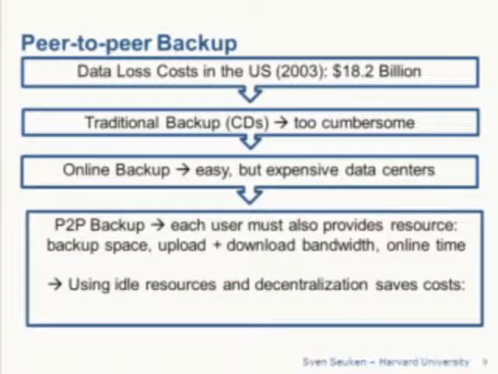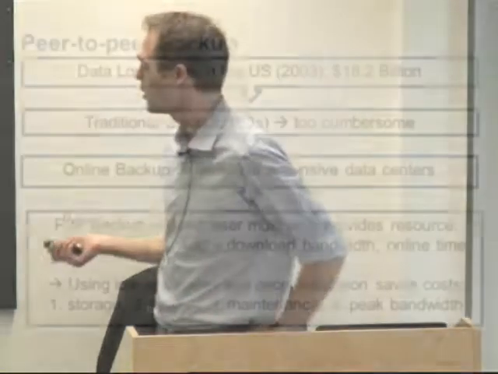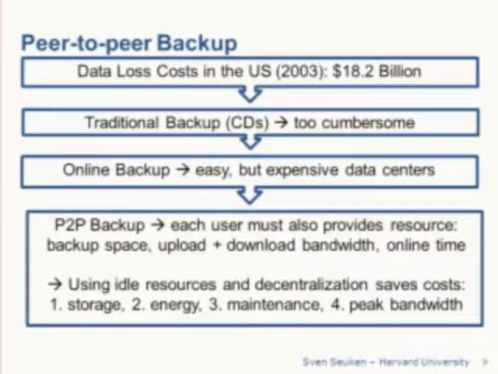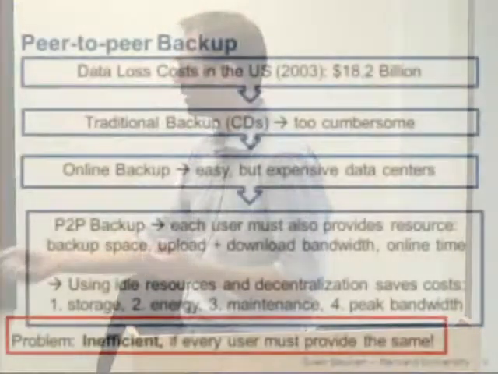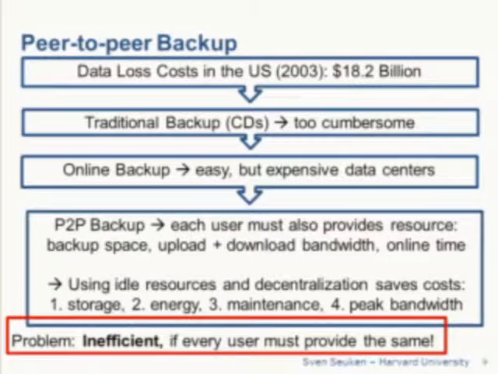And the savings here come from the fact that we're using otherwise idle resources and decentralization to save various kinds of costs. The costs that we're saving are storage costs, energy costs, maintenance costs, and peak bandwidth costs. So this is a great idea. However, there's still one problem, namely, this can be inefficient if we force every user to supply the same kinds of resources.